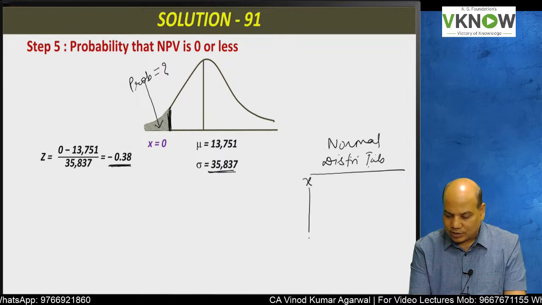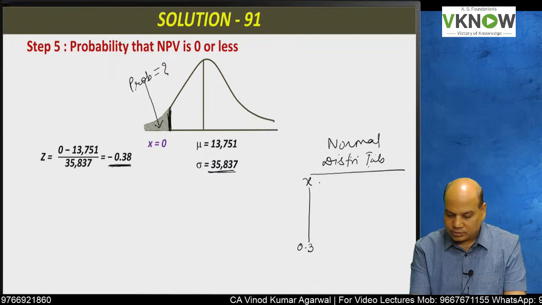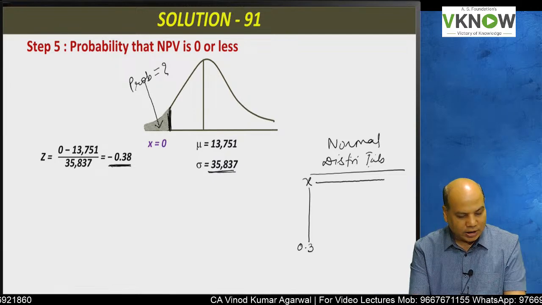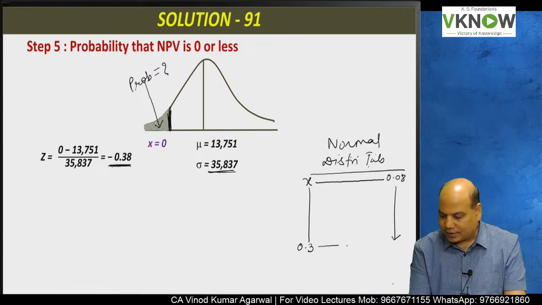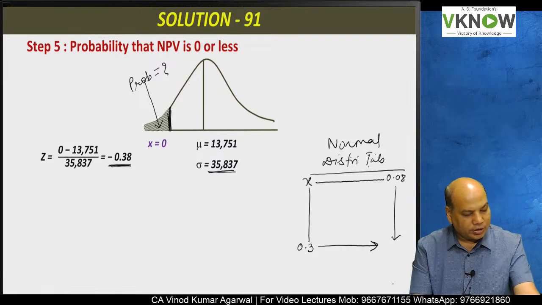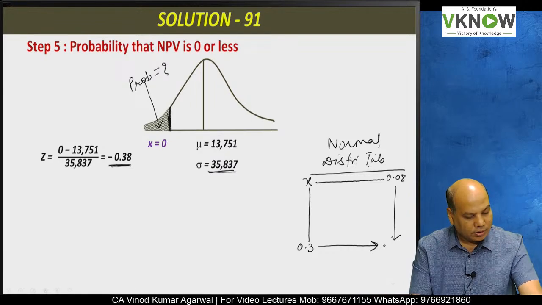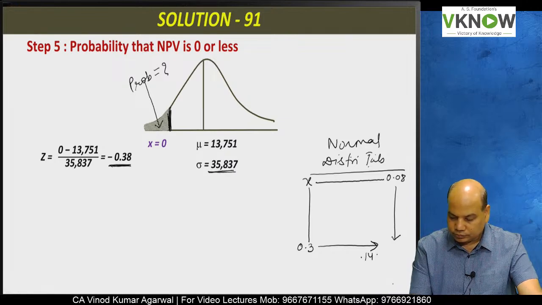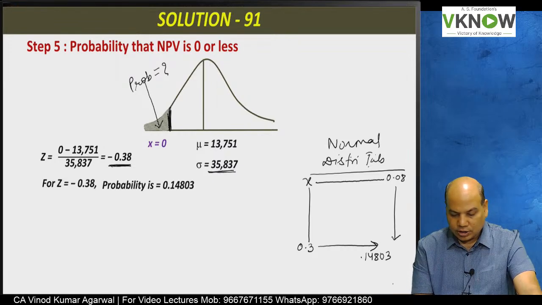First column, X column, fourth line you will find 0.3. Go to the second last column 0.08 and see what is the number for 0.38. The number for 0.38 is 0.14803. Is it there? 0.14803, right.